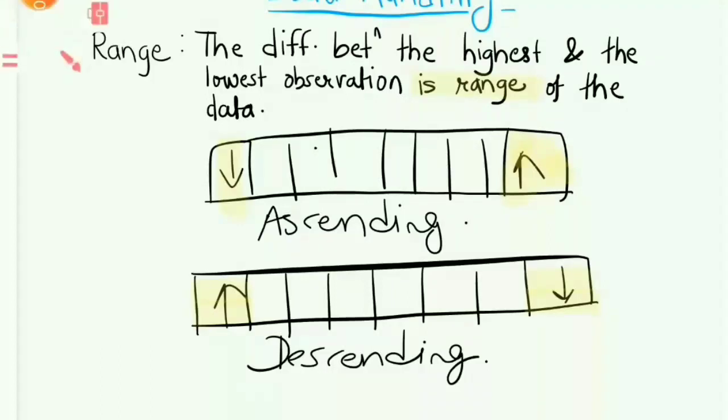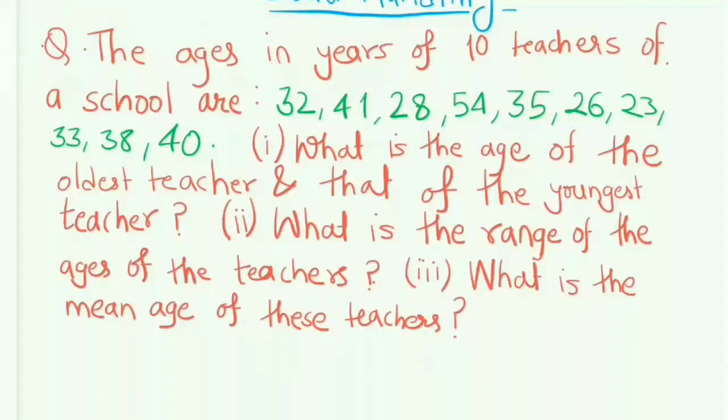Let's start with problems. The ages in years of 10 teachers of a school are these. What is the age of the oldest teacher and that of the youngest teacher? What is the range of the ages of the teachers and what is the mean age of these teachers?